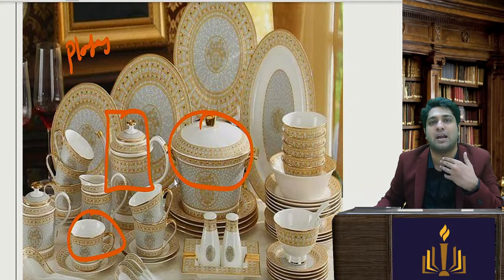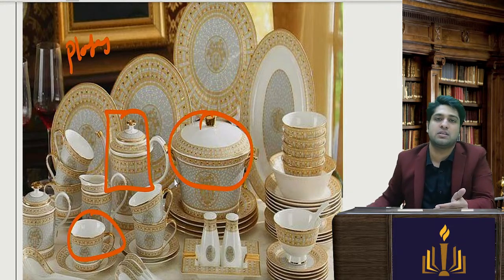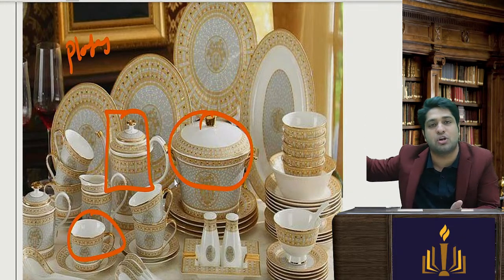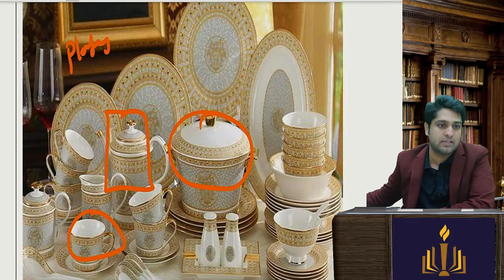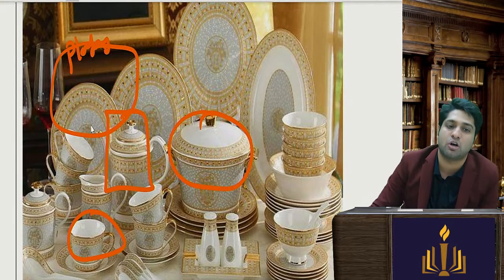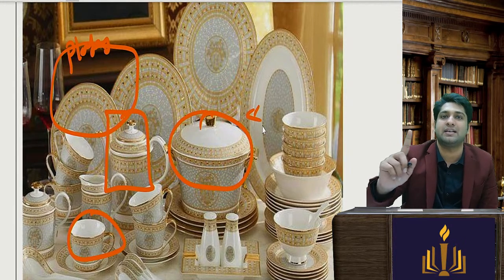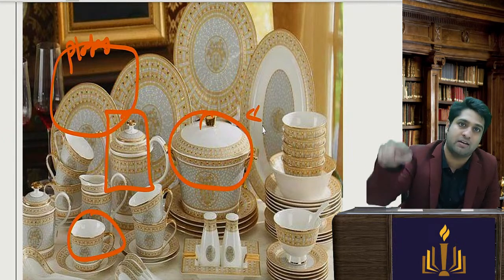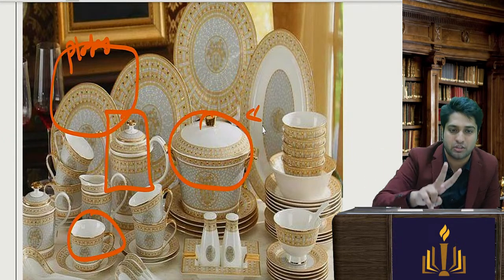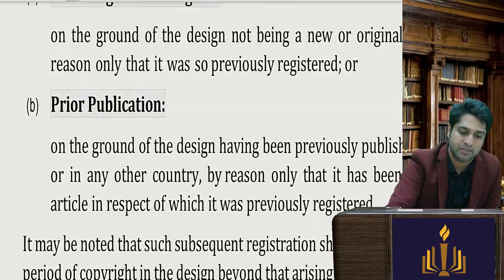The controller cannot deny the registration on the ground that the design is already registered on one category of goods, that is, on plates. This cannot be a ground for not allowing the design on other things, provided the owner is the one coming, who had the first one. It is new, it is original and it is not published. So let's read now. It's a very simple thing.